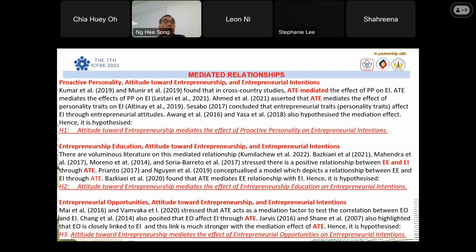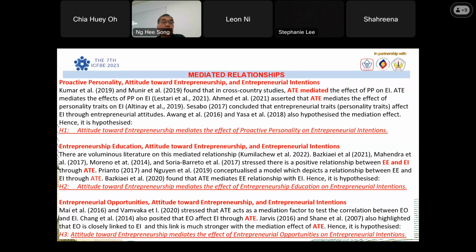The next one, I also hypothesize that attitude also mediates the relationship between education and intention, and various authors say the same thing. So this is H2. H3 is opportunity and intention. I also hypothesize that attitude will mediate the relationship.